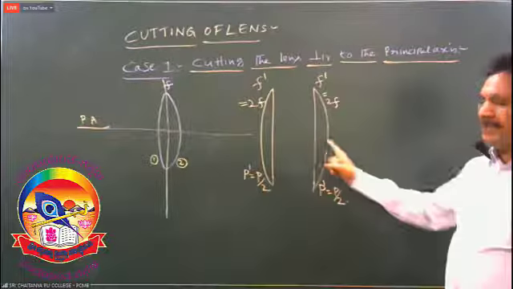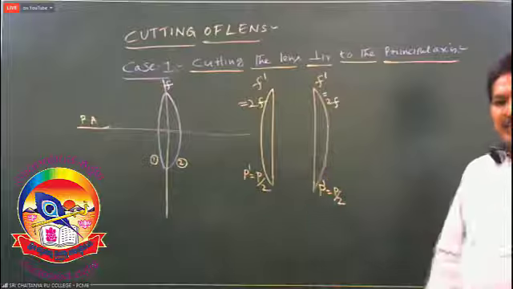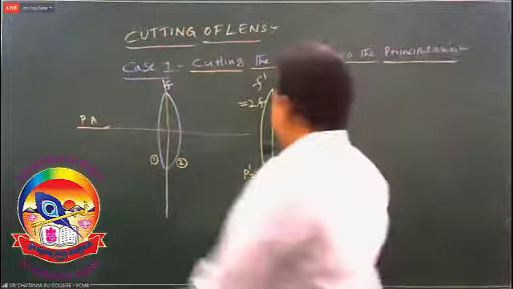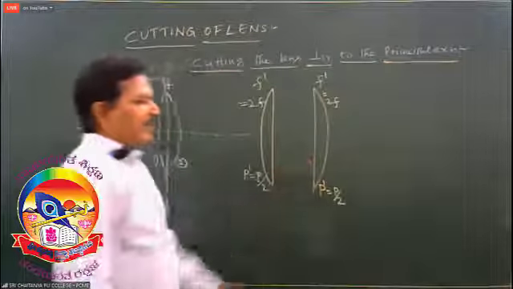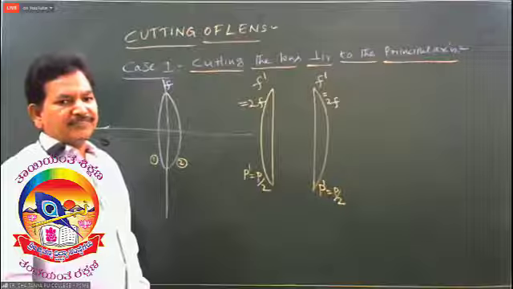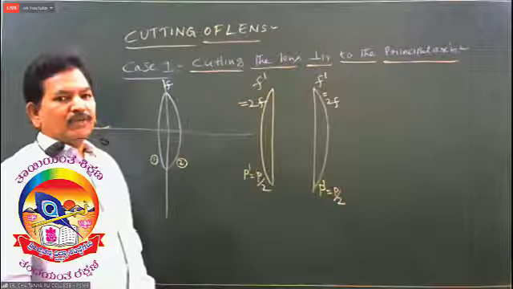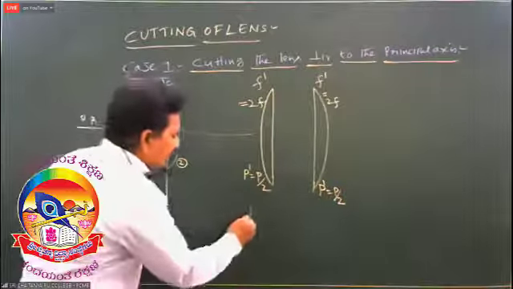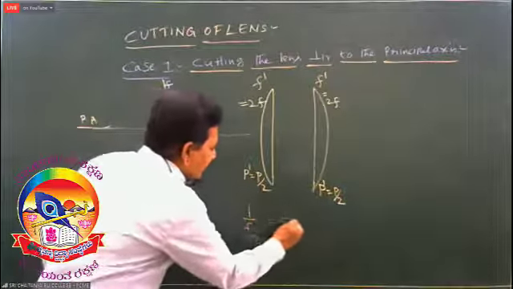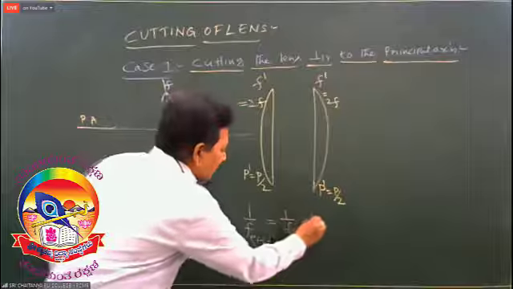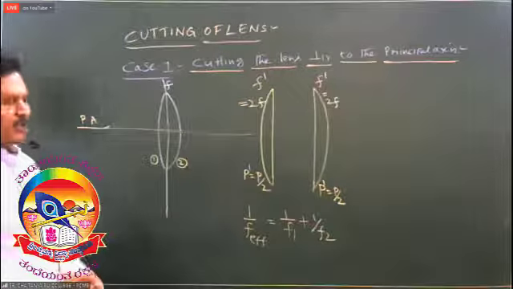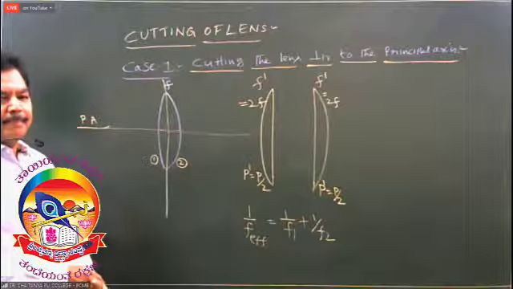Now these two pieces can be arranged in different ways, and we have to find out the effective focal length. But we know when two lenses are kept in contact with each other, the effective focal length is given by 1 by f effective is equal to 1 by f1 plus 1 by f2.